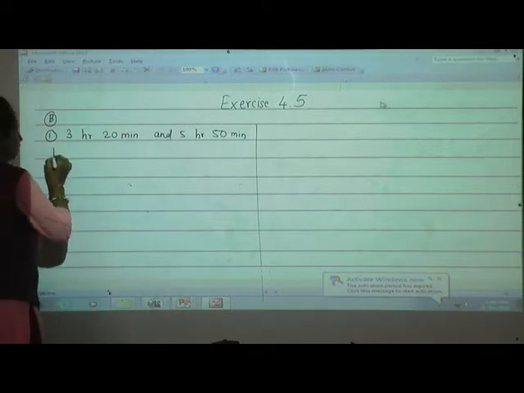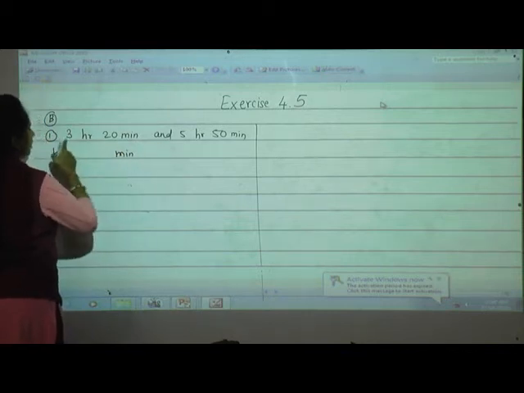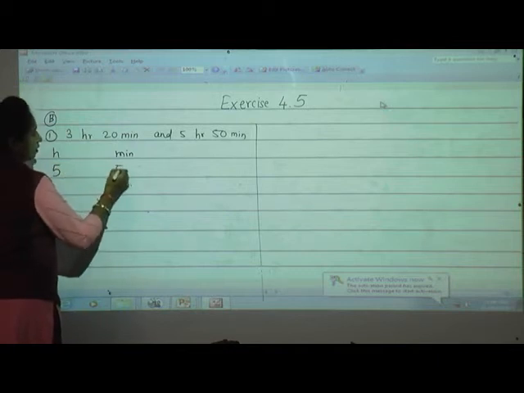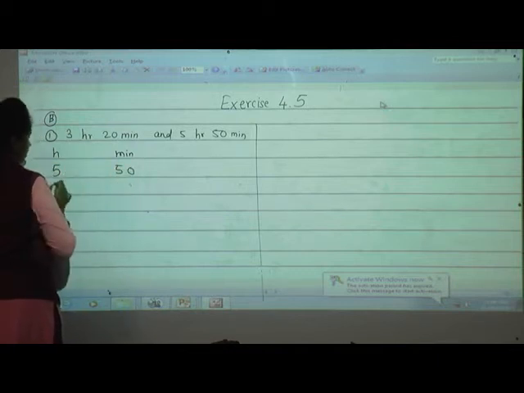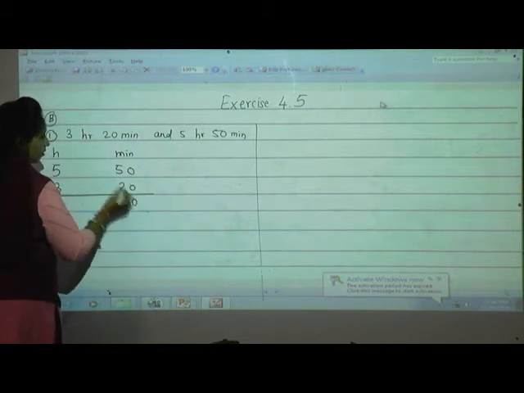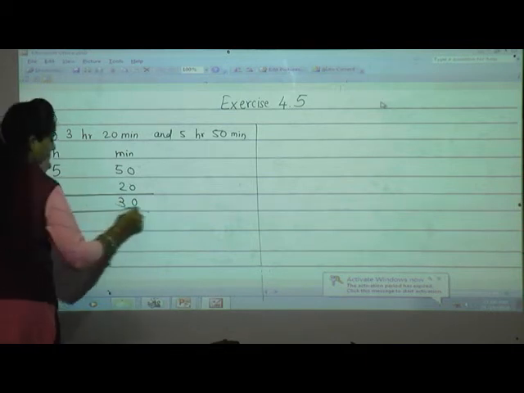Now hours and minutes. Now see which is greater, hour 3 or hour 5? Of course 5 hours. 5 hours 50 minutes and 3 hours 20 minutes. Subtract: 0 minus 0 is 0, 5 minus 2 is 3, 5 minus 3 is 2.